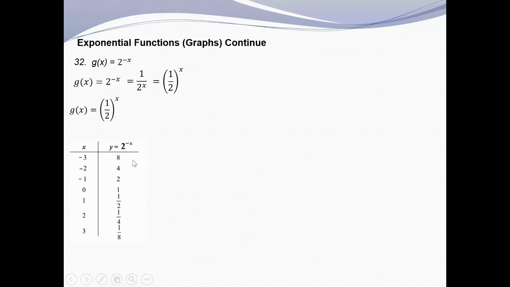Now, if we plug in -3, it's going to give us 8. Why is that? When we plug in -3 for the x, remember, if the exponent is negative and the base is a fraction, we do the reciprocal and make the exponent positive. So the answer is 8.